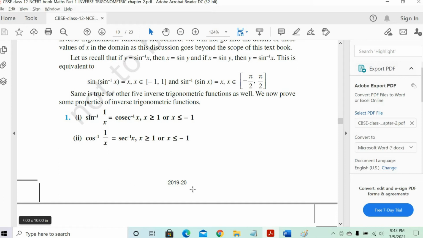Are you getting it, Vijay? Cos inverse 1 by x is equal to secant inverse x, is it the same method? Not really, so I'm not getting it. Okay, not right. I'll explain to you.